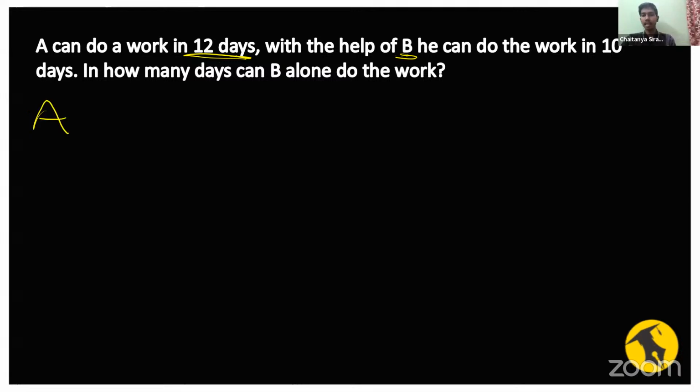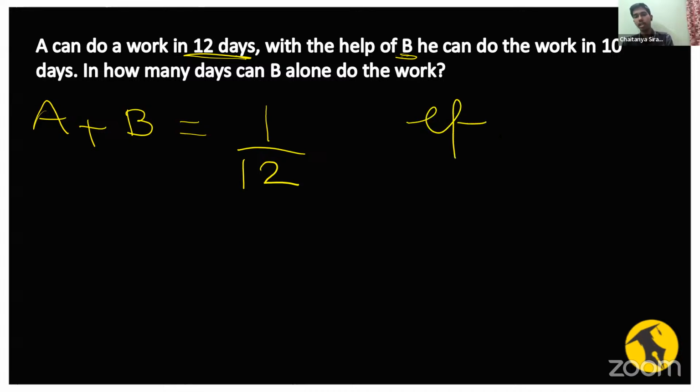So let's say A is the efficiency of A and B is the efficiency of B. So they are telling us the combined time is 12 days, so per day is 1 upon 12. This is efficiency. Right? Now they are saying he can do the work in 10 days.